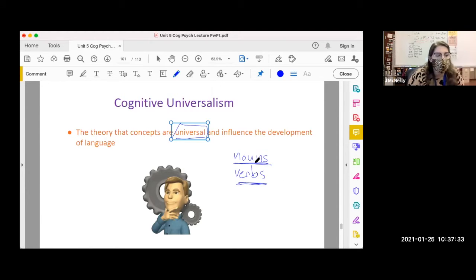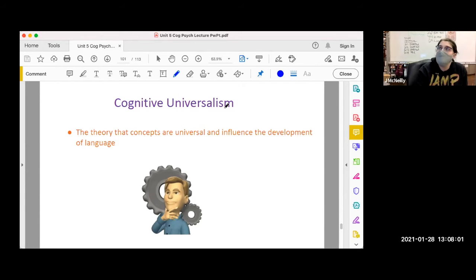Okay, it's called universalism because it's something that's universal, okay, to the concept of language. There are some things that are the same, okay, or universal across the branch of language. For instance, one concept that's universal is the fact that all languages have nouns and verbs.